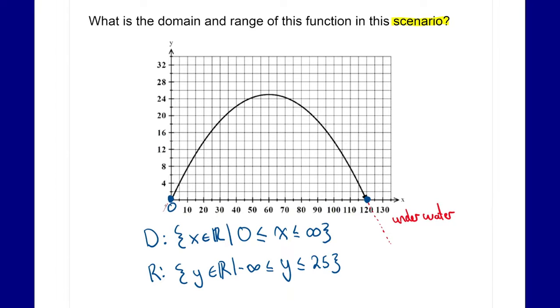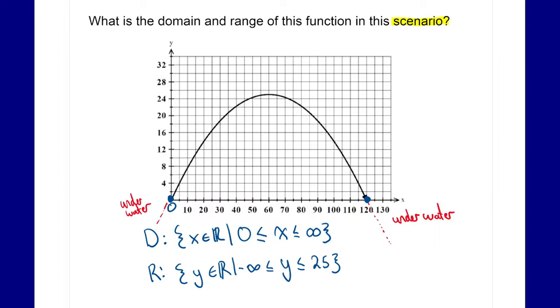If I go anywhere beyond 0, we're also underwater, because our graph would be going down, and that's the model for this bridge. So our bridge can only exist in certain areas. It's going to exist only above water. So our domain and range have to change a little bit.